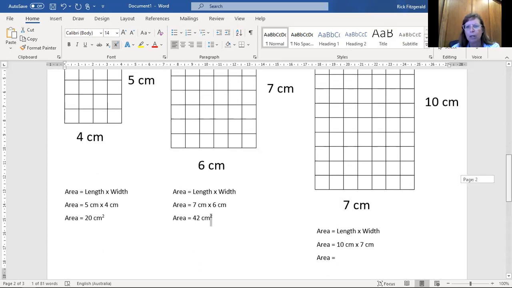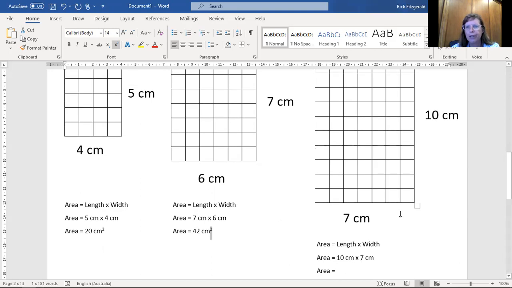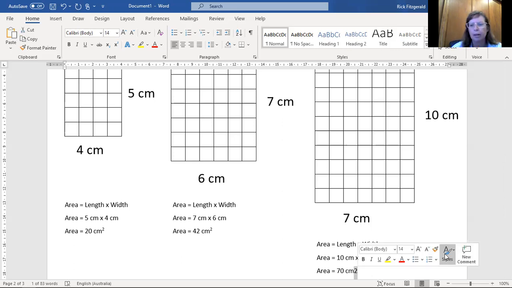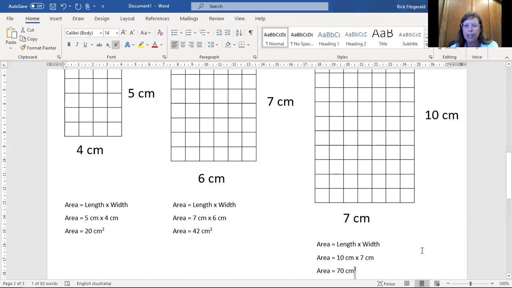And the same for this one, we have got 10 centimetres length, 7 centimetres width. So our area is going to be 70 centimetres squared, or 70 square centimetres.